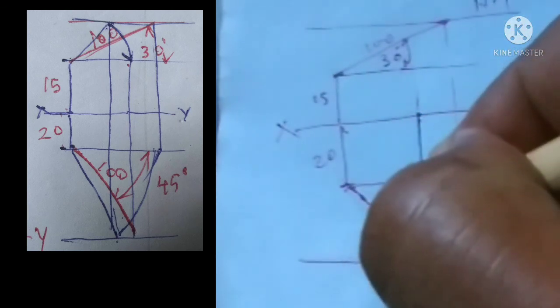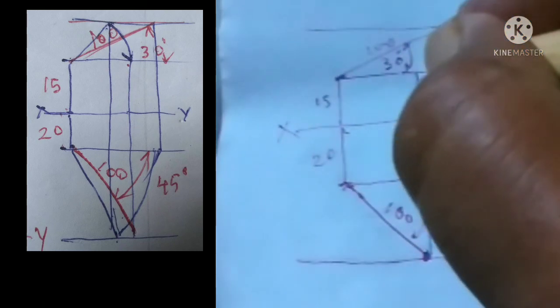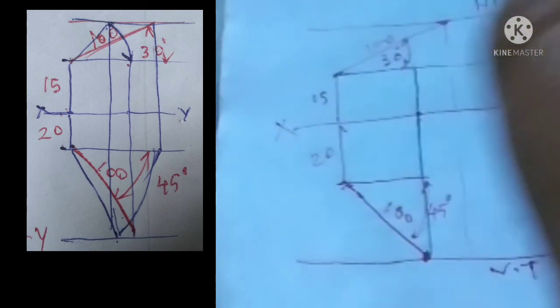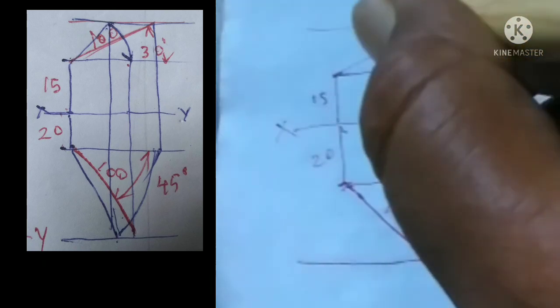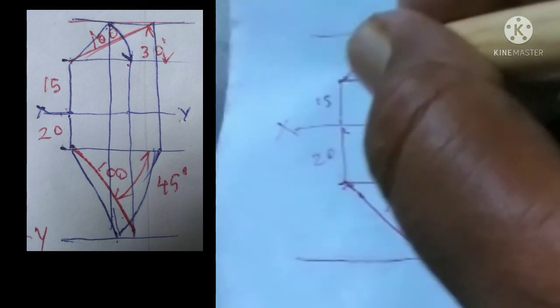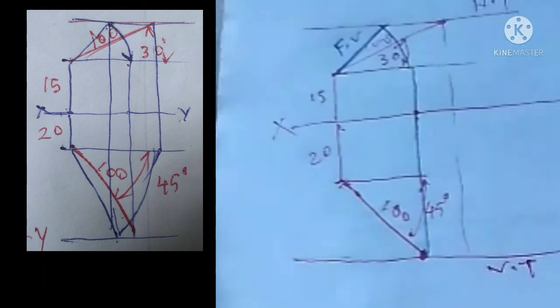Comparing with the drawing on the left side, we will draw the projection line to this parallel line. We will draw the arc up to HT. Then we will draw the front view just like this.